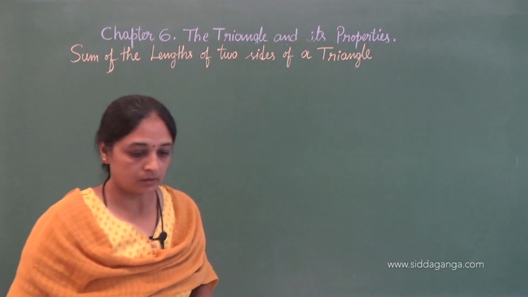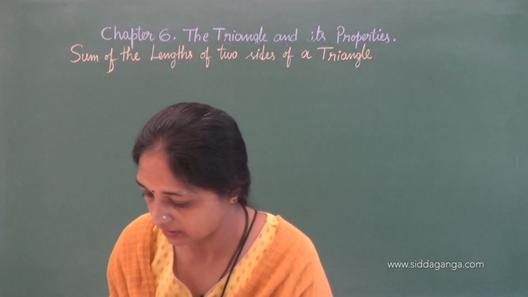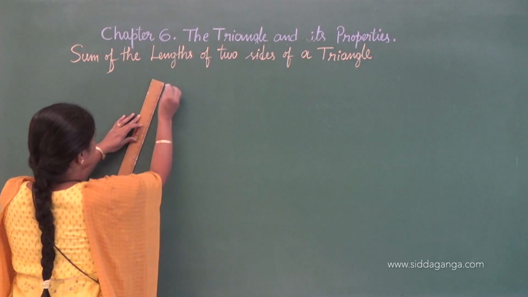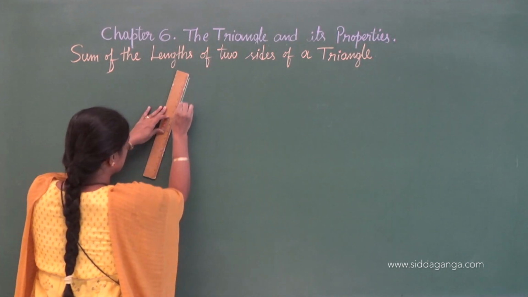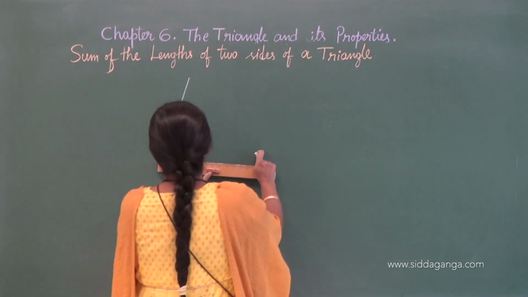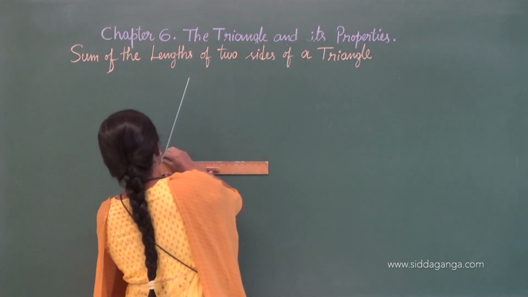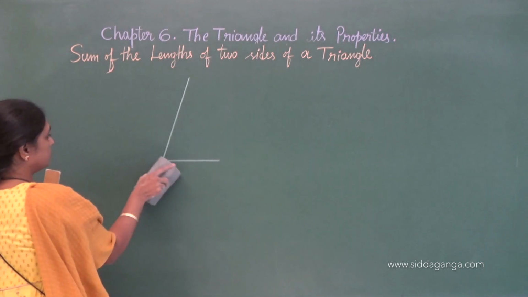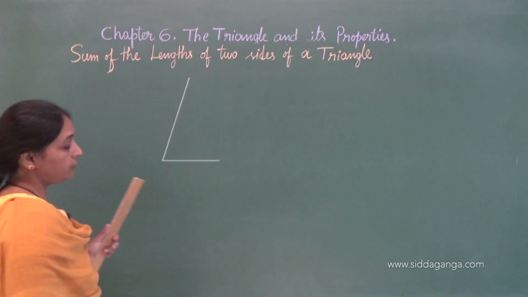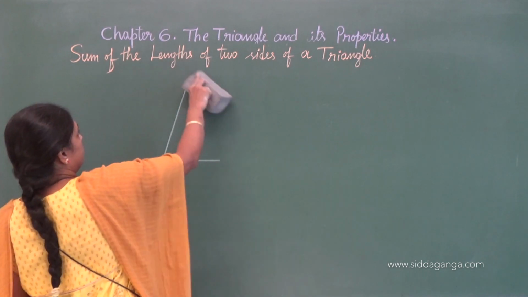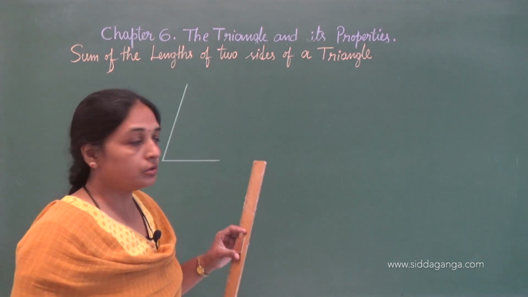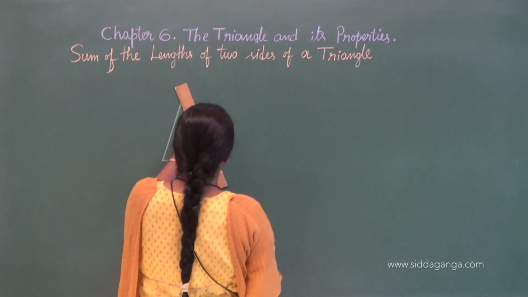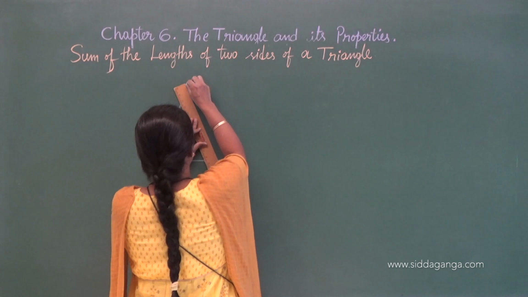Okay. So let's draw one triangle, any triangle. I draw here. Okay, I'm not taking any particular length to draw. If we take any particular length, then we have to use protractor and compass here.